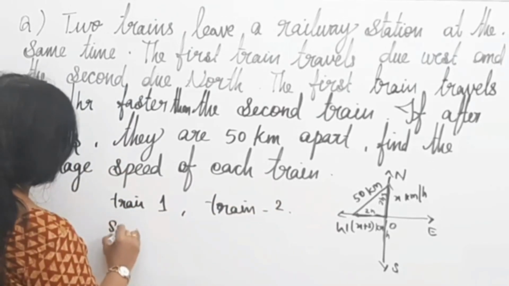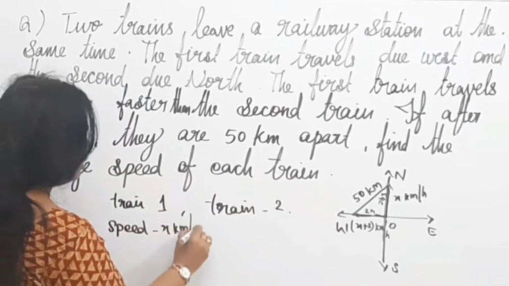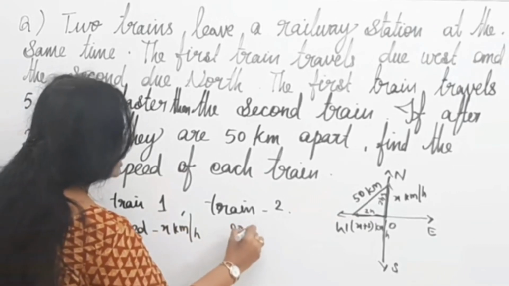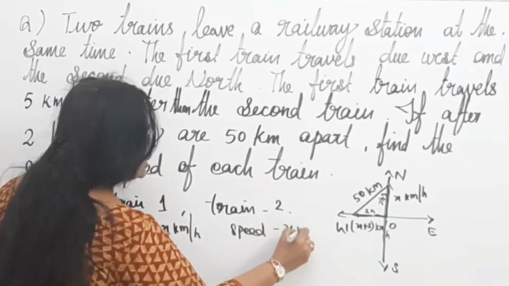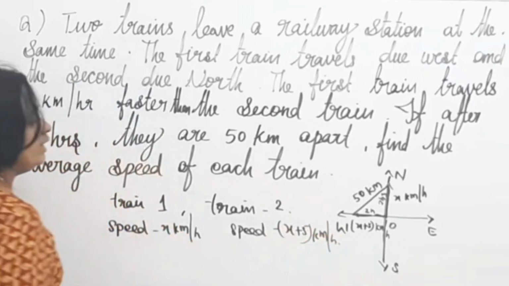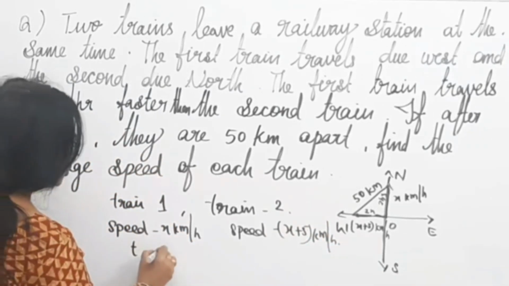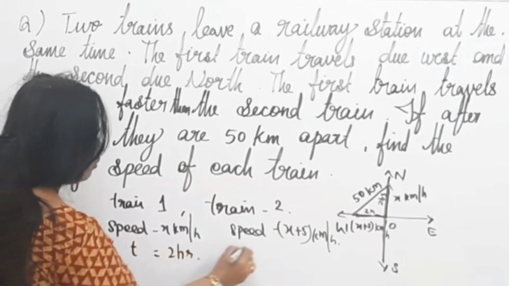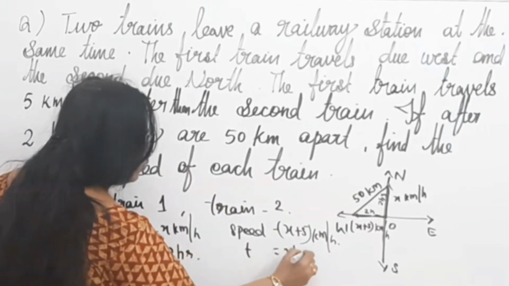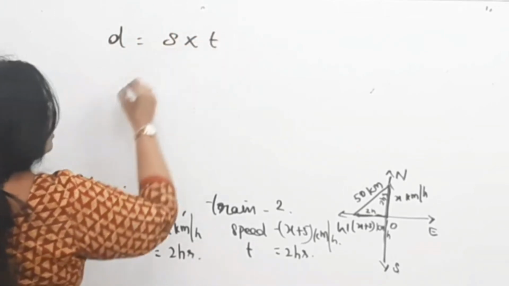Here, the speed is equal to x km per hour, but here the speed is equal to x plus 5 km per hour. So, they start from O and the time is 2 hours. My distance is equal to speed into time.